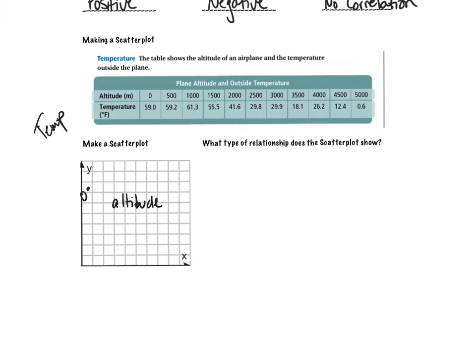So I have 1, 2, 3, 4, 5, 6, 7, 8, 9, 10, 11. So I have 10 data points. So I'm just going to make this go up by 500s, right? So I label that.